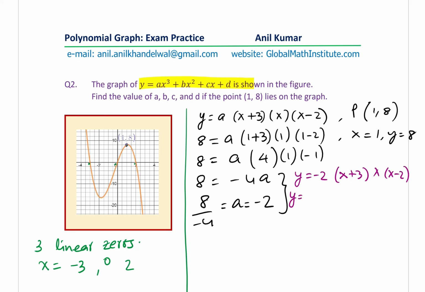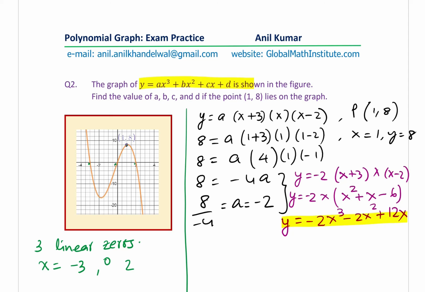So we get y equals to minus 2 and x times x plus 3 times x minus 2. We get x squared. Then 3 minus 2 is 1, so that is plus x. And 3 times minus 2 is minus 6. Or when you open this, you get minus 2x cubed minus 2x squared plus 12x. So that gives you the equation in standard form.